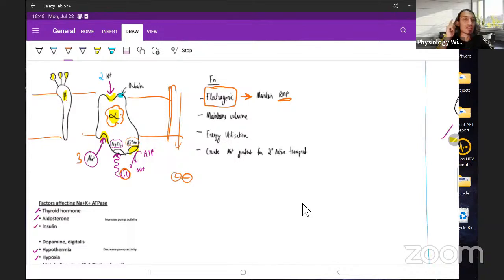Okay. Now, another thing is it makes sure that 3 sodium is going out. Sodium is where water follows. So if this was not functioning adequately, what would happen is your cells start swelling up and will eventually burst.